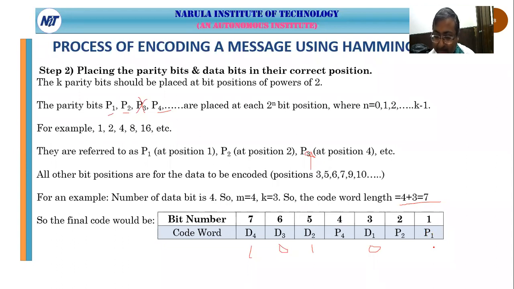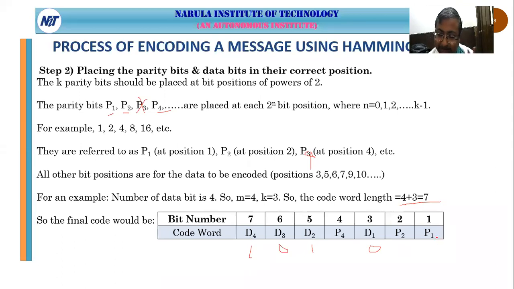Consider one bit, then skip one bit. Again one bit, then skip one bit. That means this is P1. For P1, we check 1, then skip one bit, 2, then check 3, then check 5, then check 7. So for P1, we should check 1, 3, 5, and 7.